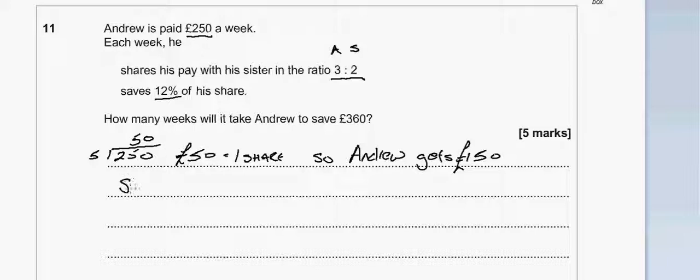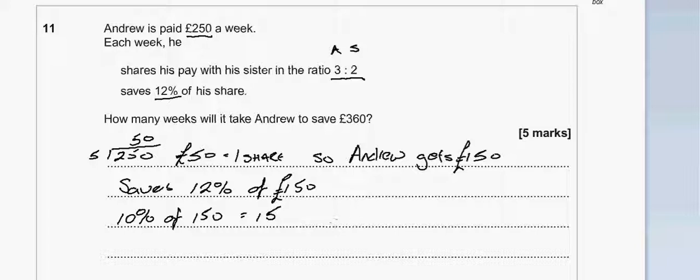So here I can write saves 12% of £150. Now I like to keep this simple, so 10% of 150 is 15. 1%, decimal point moves back again, is 1.5.